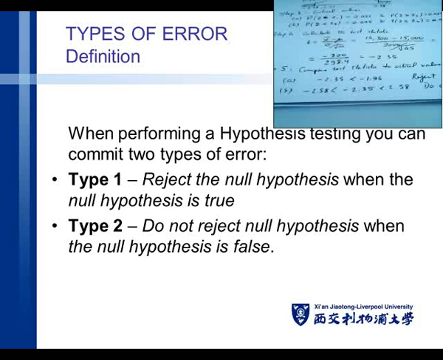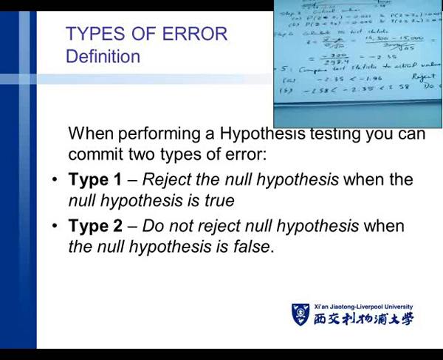So the first one says that sample actually came from that population, and I made a mistake, and I said that it didn't. The second says that sample did not come from that population, and I said that it did.